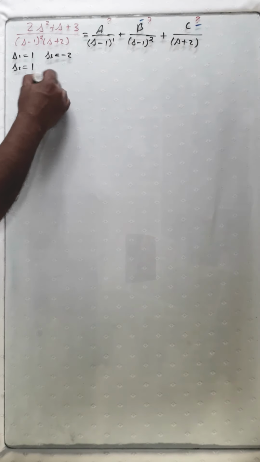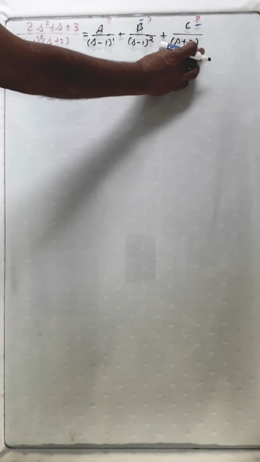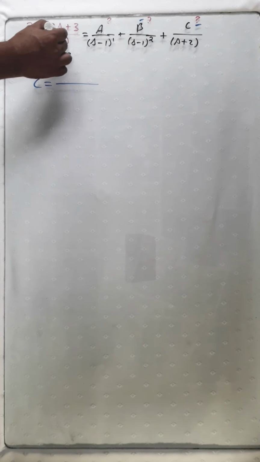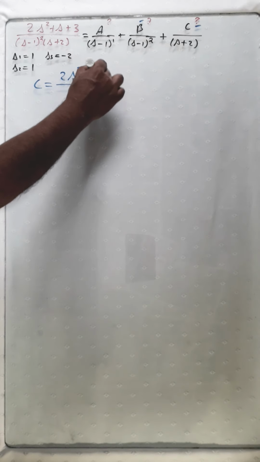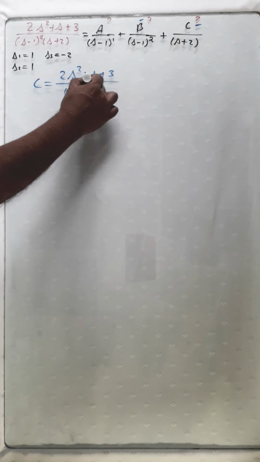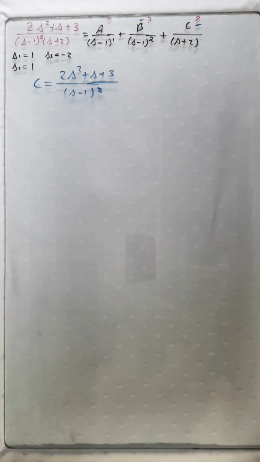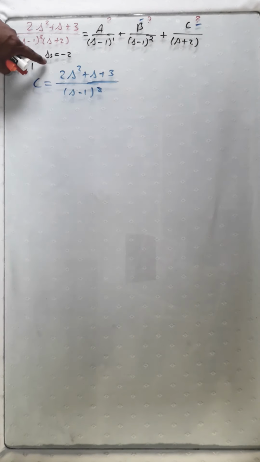So the method that we saw is that the value of C, for this partial fraction, is actually this number, but you remove the S plus 2. So it's going to be 2S squared plus S plus 3 over S minus 1 squared. Here you replace the root of that value of C, which is S equal to minus 2.